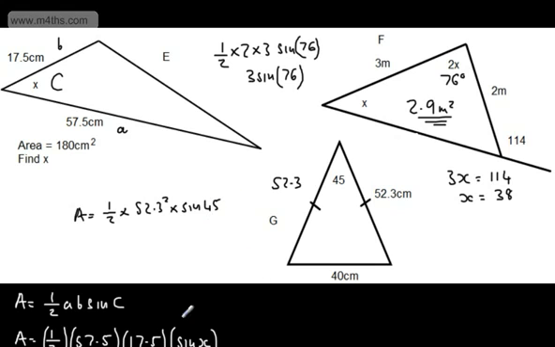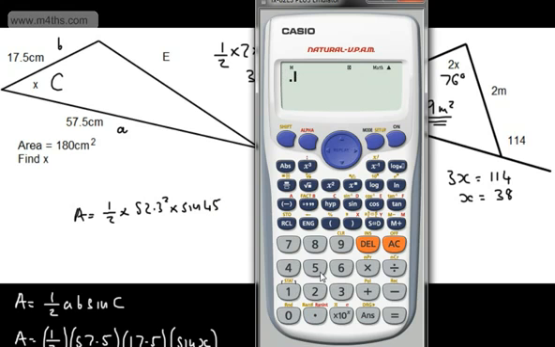So let's see what that gives us in a calculator. So 0.5 times, and you could have 52.3 squared, or if you're not confident with that, 52.3, and then times that by the sine of 45 degrees, and that will give us that the area is going to be 967, and we'll just do that now to 1 decimal place.